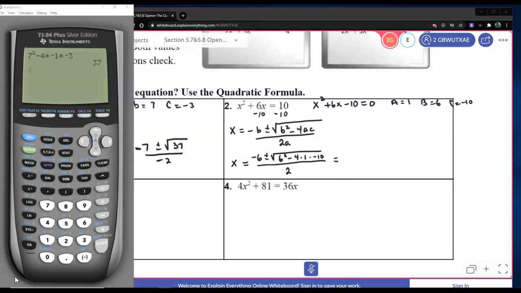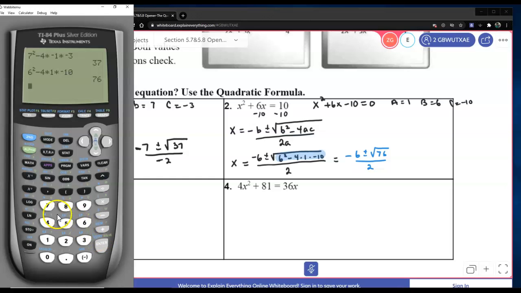Once again, we're going to use our calculator to evaluate the discriminant. So we have 6 squared minus 4 times 1 times -10. That's 76. So this will be -6 plus or minus the square root of 76, divided by 2.